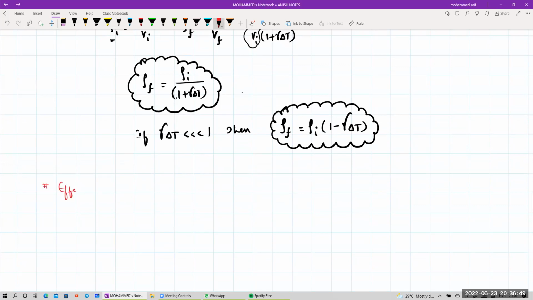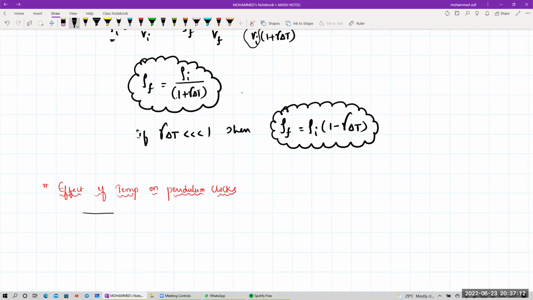Next one is effect of temperature. This is a very important formula on pendulum clocks. You have seen pendulum clocks, isn't it? During summer and winter, what happens? The length of the pendulum will be either increasing or decreasing.